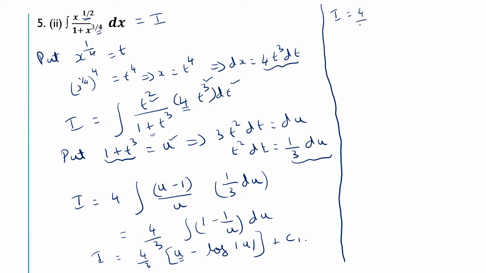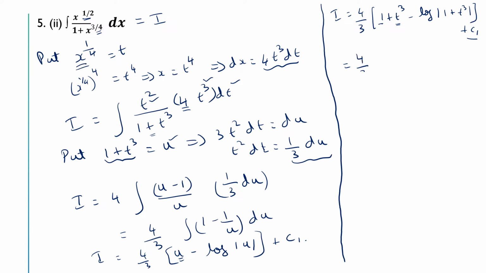So I will be equal to 4 by 3 into 1 plus t cube minus log mod 1 plus t cube plus C1. So this 1 plus C1 we can write it as C, and we can substitute for t also. T we have taken as x raised to 1 by 4.